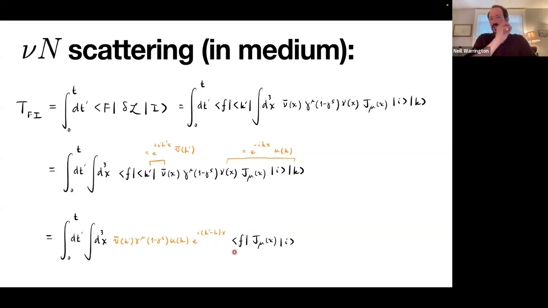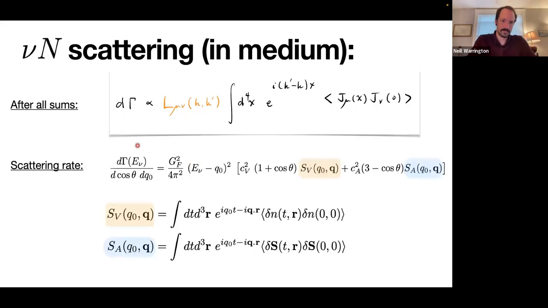So that's going to give us a trace of a current-current correlator in a thermodynamic ensemble. I'm not writing it, but here's how we arrive at the answer. The differential scattering rate can be cleanly cleaved in two. There's a leptonic part, which comes from the traces over the neutrinos, and then a Fourier transform of a density-density correlator computed in a thermodynamic ensemble.